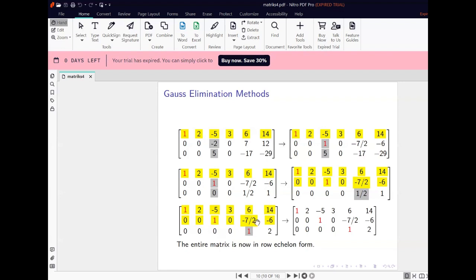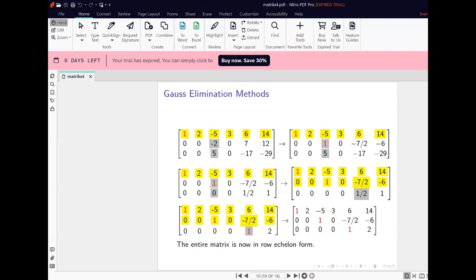In this augmented matrix in row echelon form there is no row that consists entirely of 0. And property number 3, the leading one in the lower row occurs further to the right than the leading one in the higher row.